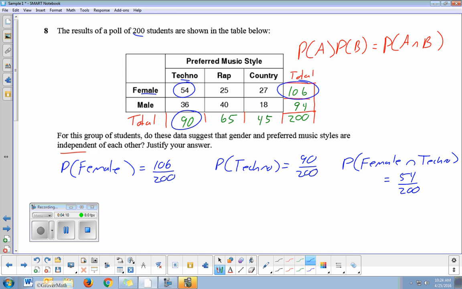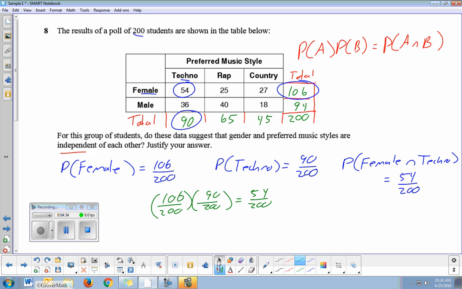And so what we need to do is test to see if the product of these two things, female times techno, equals female and techno. If so, then they are independent. So that's 106 over 200 times 90 over 200. Does that equal 54 out of 200?